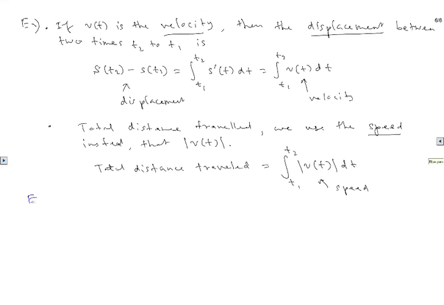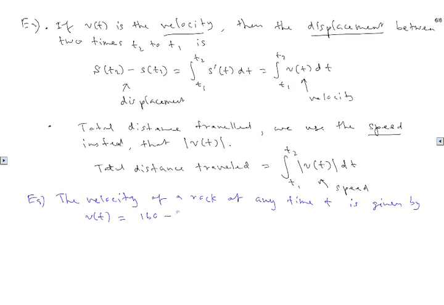In this example, the velocity of a rock at any time t is given by v(t) equals 160 minus 32t feet per second. Okay, so let's ask two questions.